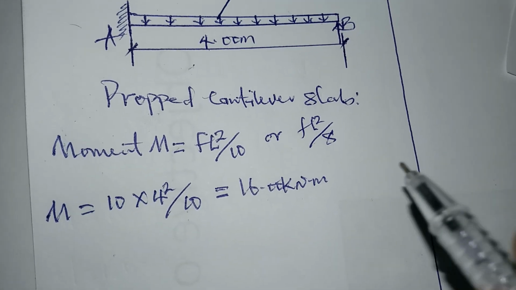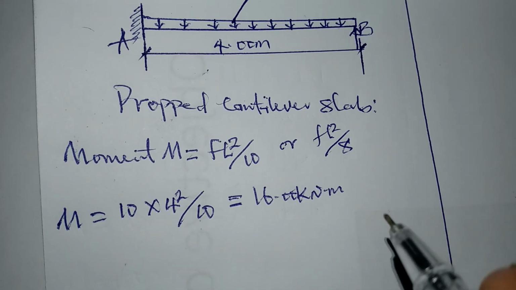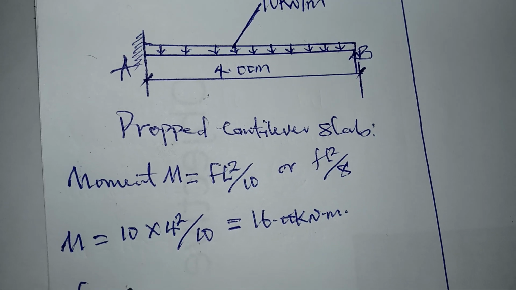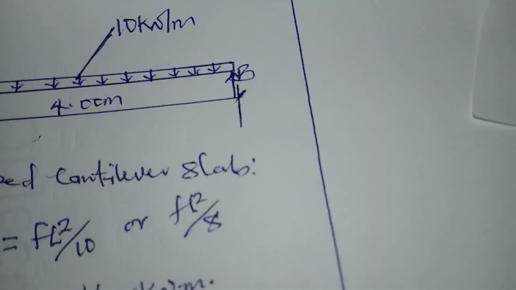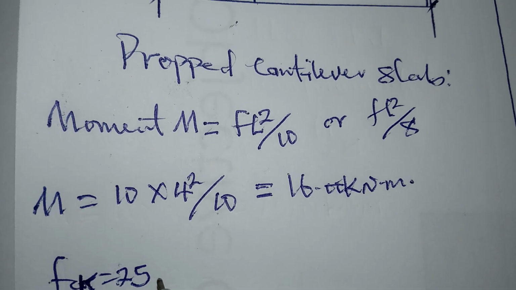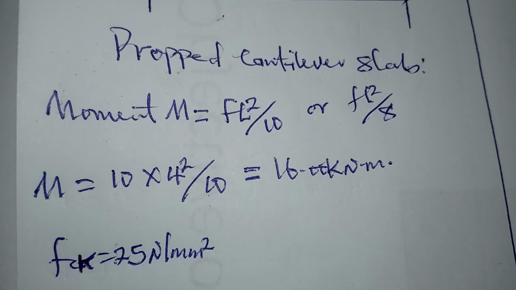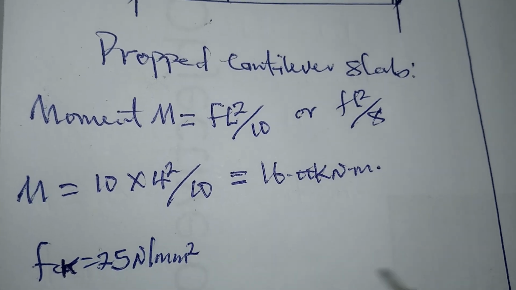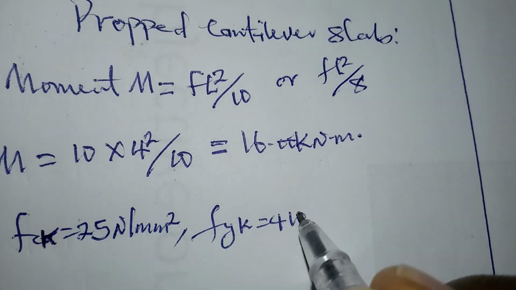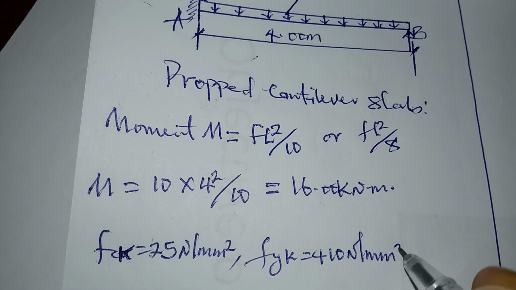Okay, so before we proceed, we should outline the parameters to be used for the purpose of this calculation. So we are going to be having our FCK to be 25 Newton per millimeter squared, FYK to be 410 Newton per square millimeter.